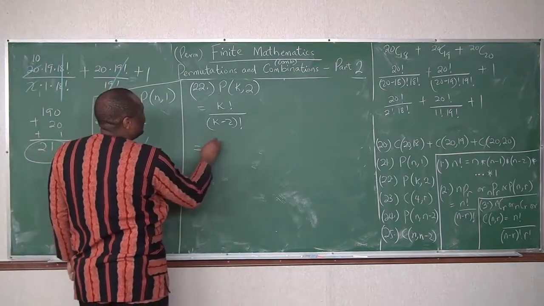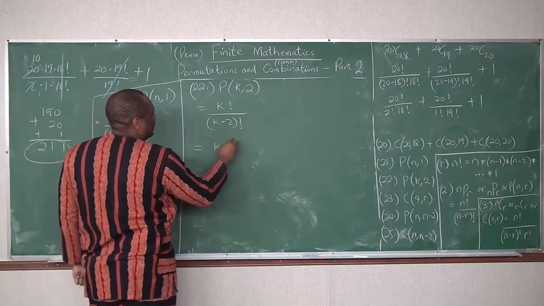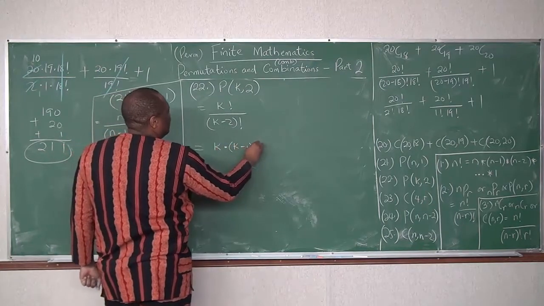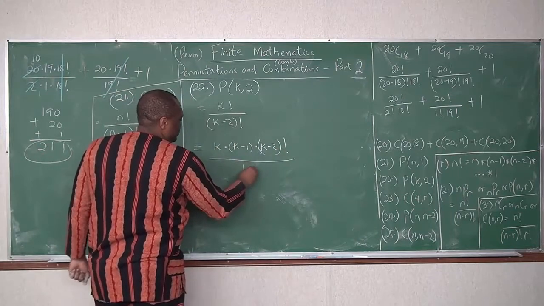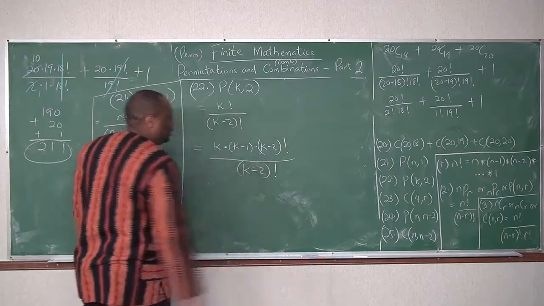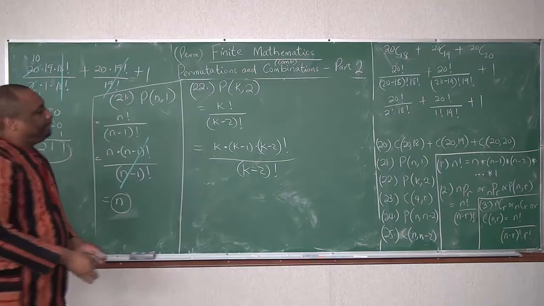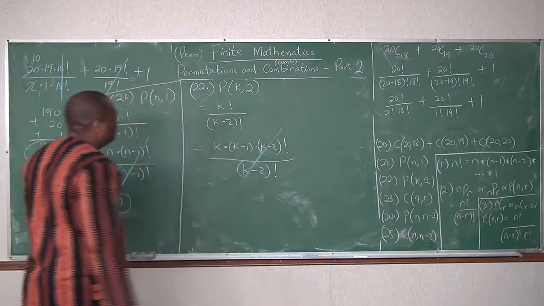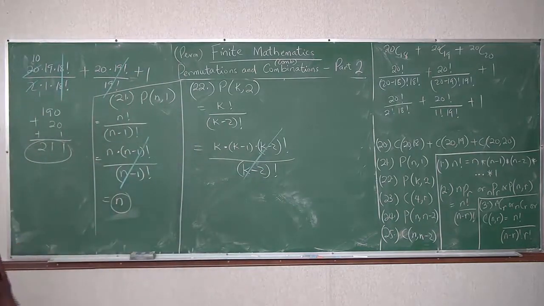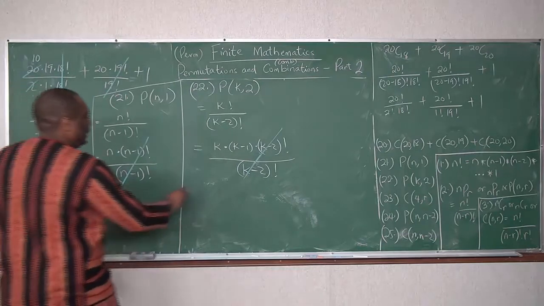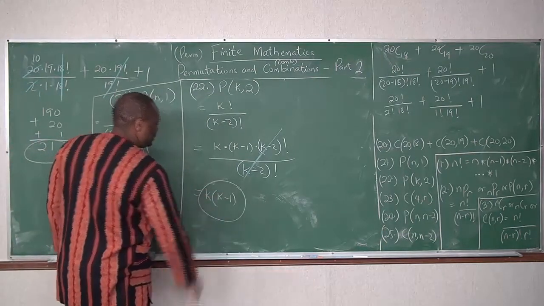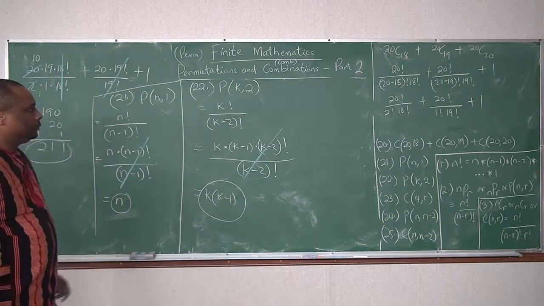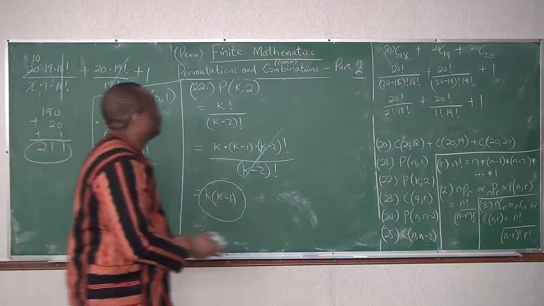So this is k times k minus 1 times k minus 2 factorial over k minus 2 factorial. So the answer is k times k minus 1. That's it.